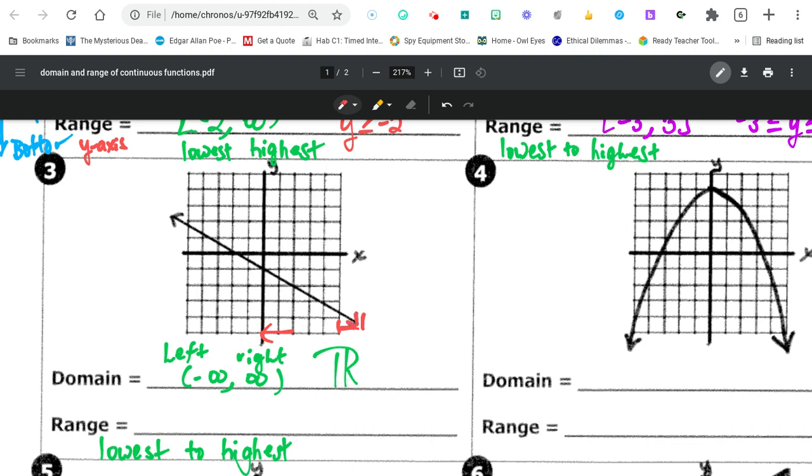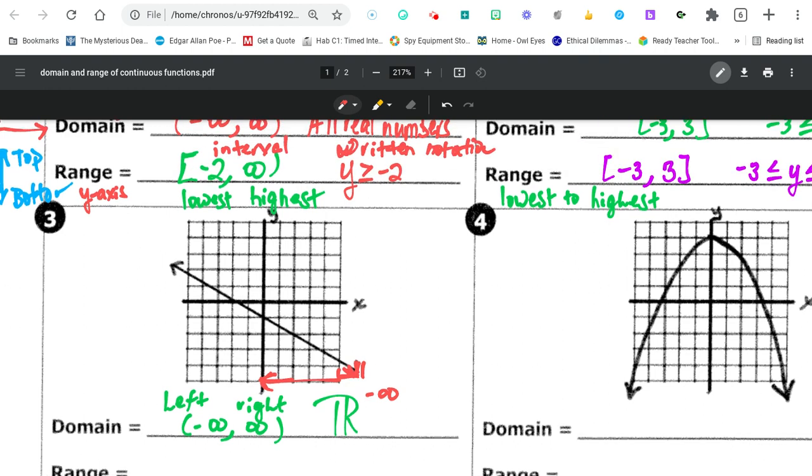So it doesn't stop at this y value. It continues to go down toward negative infinity. And it looks like the highest point is right here, but it continues to go up. So the highest point is positive infinity.